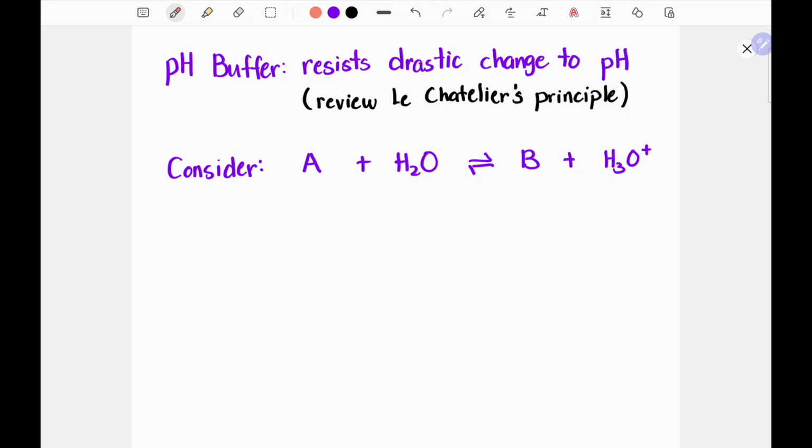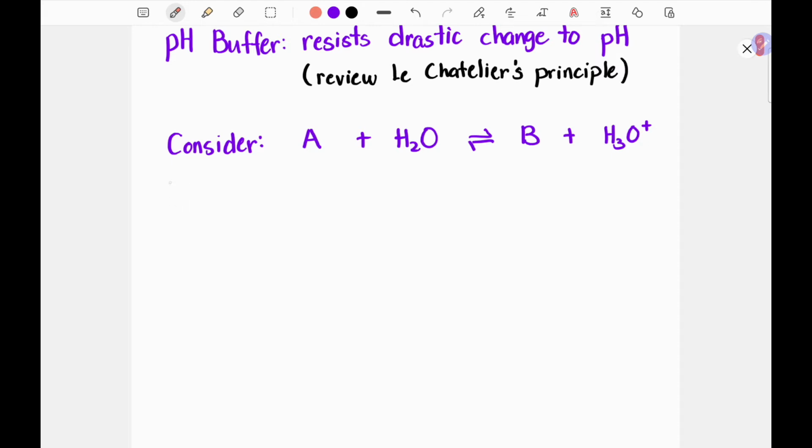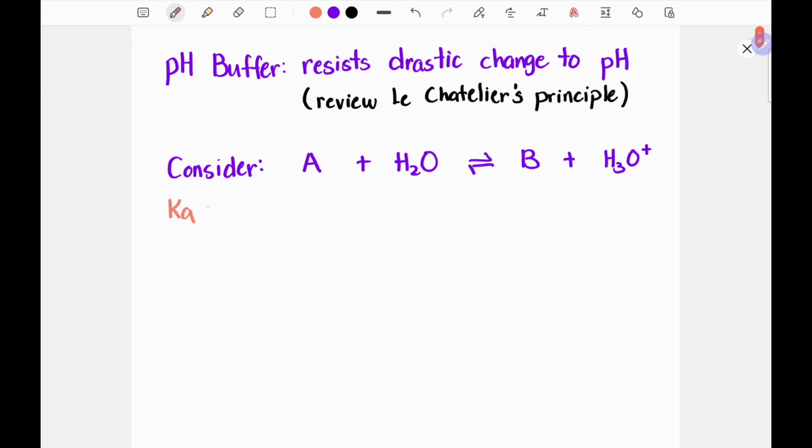If we have an acid A interacting with water to form the base B, its conjugate, and hydronium ion, we know that the acid dissociation constant is the equilibrium constant. So the Ka is equal to the concentration of base times hydronium ion divided by concentration of acid.